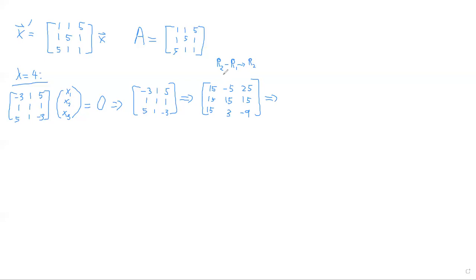And the third row minus first row goes to third row, R3. Okay, so the first part, 15, -5, -25.